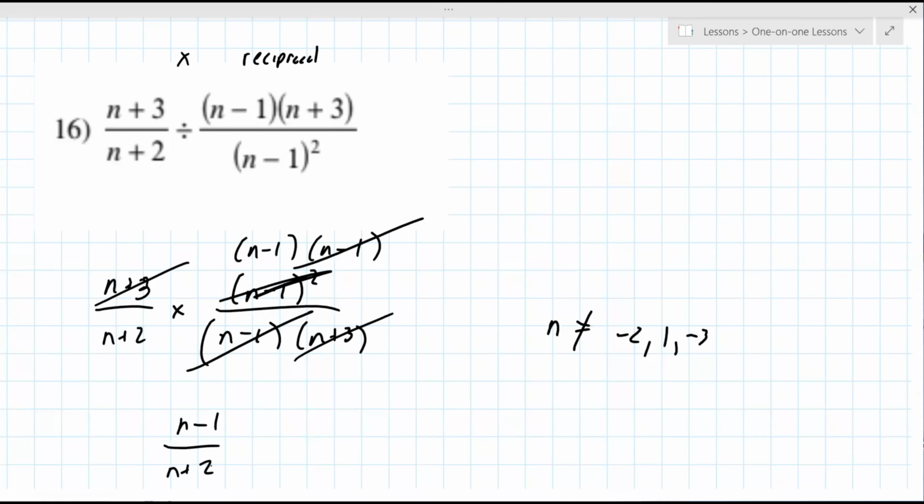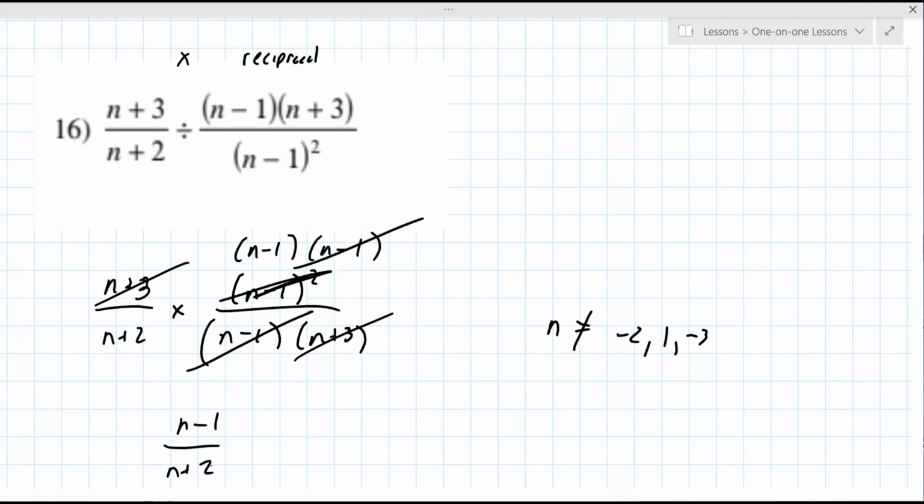Now we go over to number 17. X plus 3 over 4 times 6.6. X plus 3.